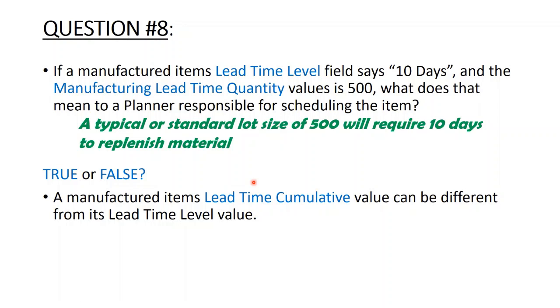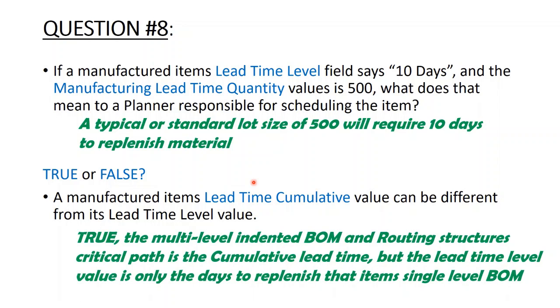True or false? Manufactured items' lead time cumulative value can be different from its lead time level value. That's true. The multi-level indented bill of material and routing structure's critical path is the cumulative lead time. But the lead time level value is only the days to replenish that item's single level bill. If you got these right, give yourself a point for each.